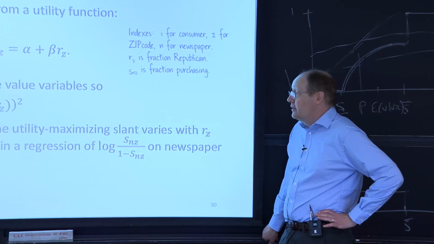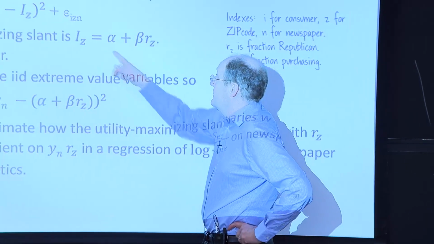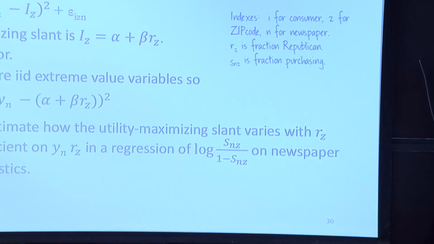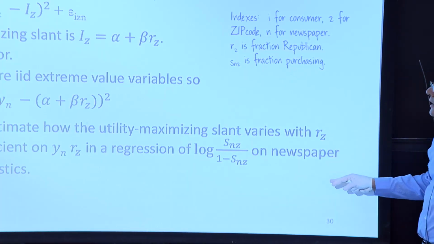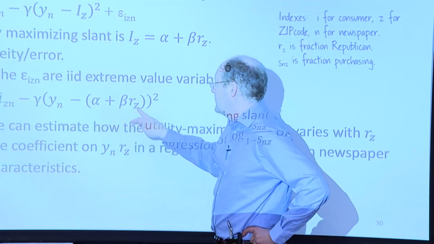And in this model, if this model is correct, the utility maximizing slant is alpha plus beta RZ. And we can estimate how the utility maximizing slant varies with RZ by just looking at the coefficient of yn times RZ.